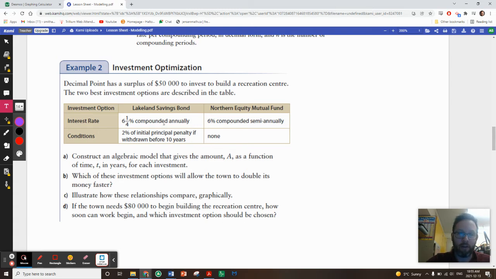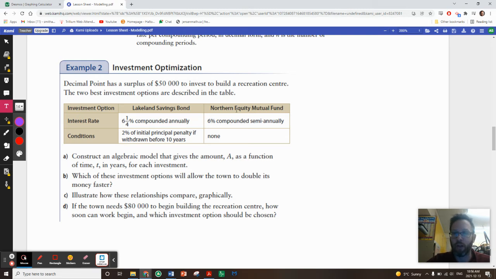We have the Lakeland Savings Bond, where we pay 6.25% compounded annually. That means the interest is calculated once a year, each year. But there is a condition. So if we withdraw the money before 10 years, we have to pay 2% of what we borrowed as a bit of a penalty. So a bit of an early withdrawal fee, very realistic in terms of a lot of savings accounts, et cetera, et cetera.